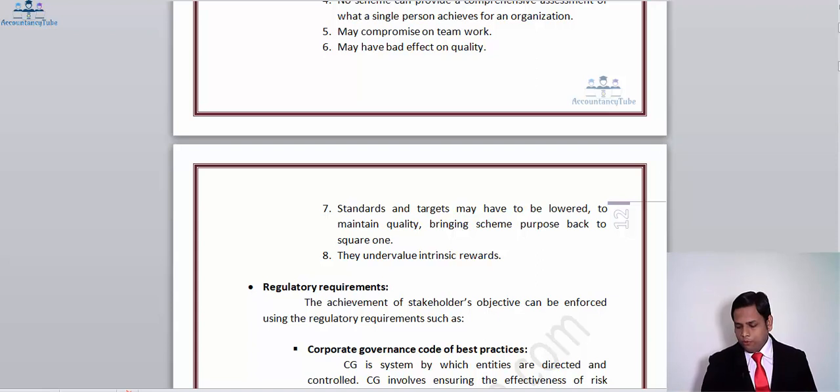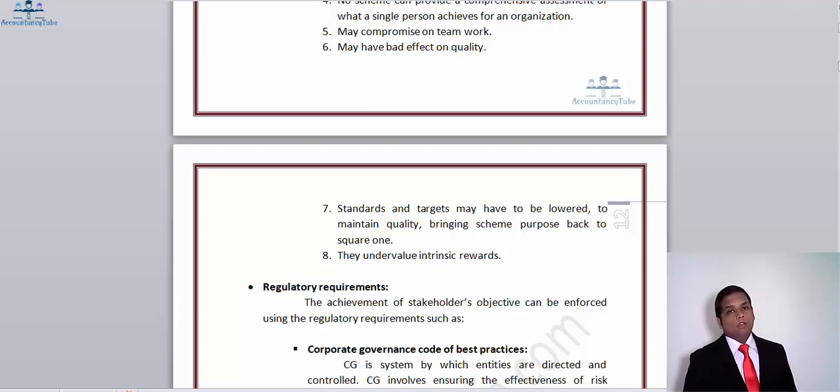Now, in most cases, it has been observed that when the targets are set, in the end, because of certain circumstances, whether internal or external, management is unable to achieve those targets, then they start to get demotivated, and as a result, in order to keep everything in the system, management lowers the target and gives them the incentive despite the fact that they have not achieved the required level of performance.